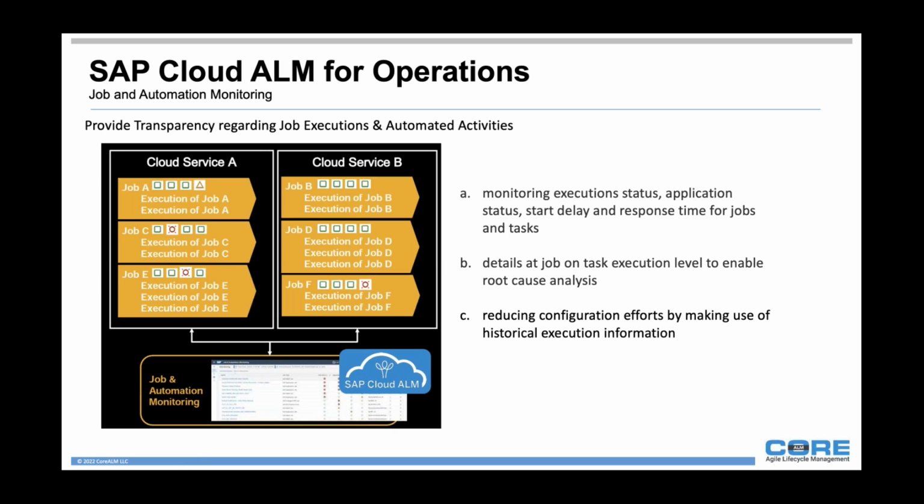Maybe you have a time critical job that needs to run at 2 a.m. every day, but it has not started. Due to this, you have a bigger impact on your business operations, so that could also be monitored. Details of the job executed, like logs, can be retrieved for different levels of root cause analysis.